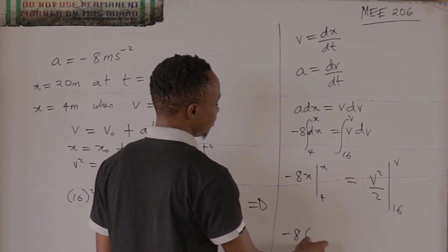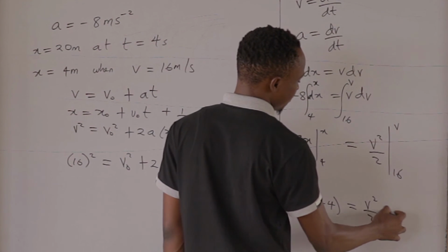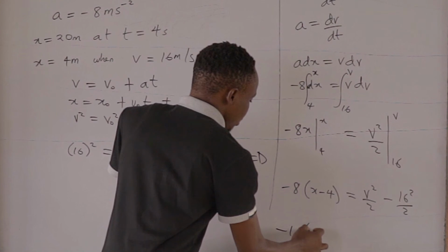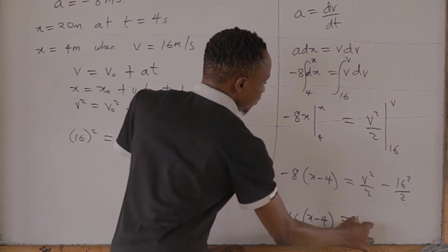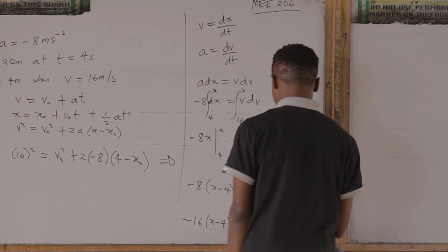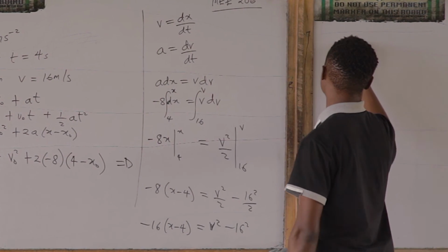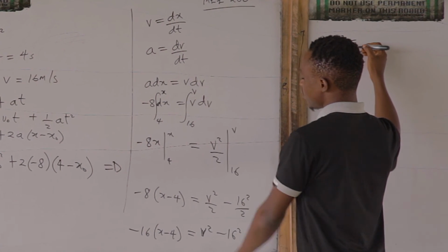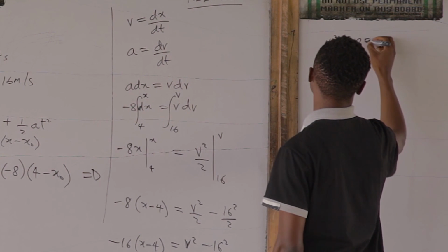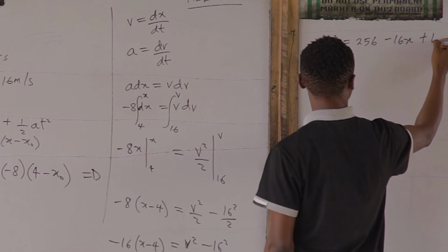So our minus 8 into x minus 4 is equal to v squared over 2 minus 16 squared over 2. Multiplying by 2, I'm going to have minus 16 into x minus 4 is equal to v squared minus 16 squared. From there I can make v the subject of the formula. So v squared is equal to 16 squared, which is 256, minus 16x plus 16 times 4.